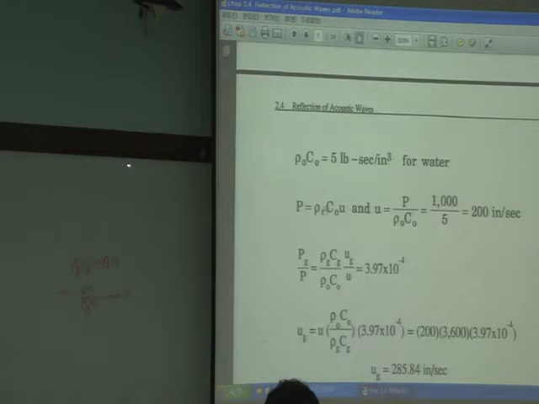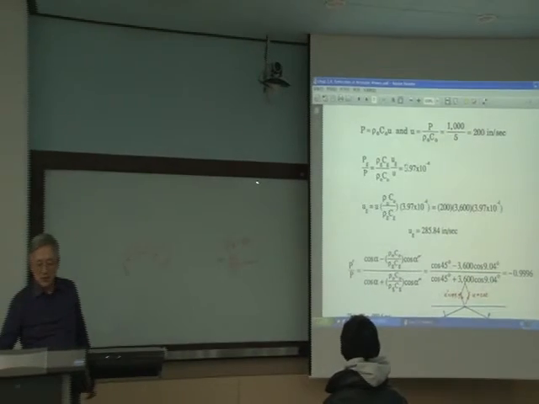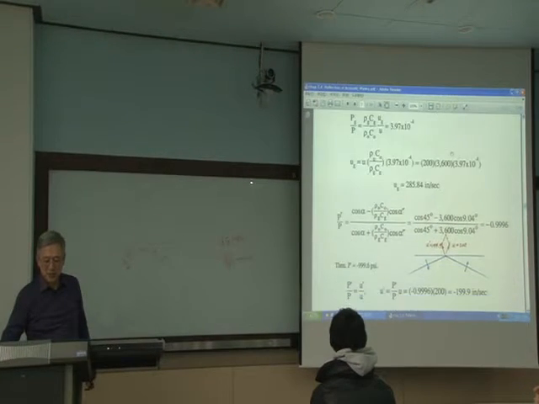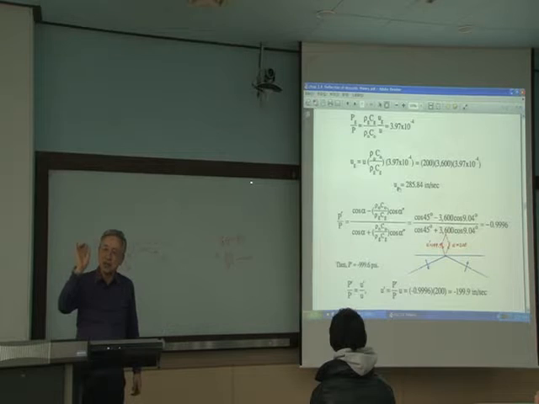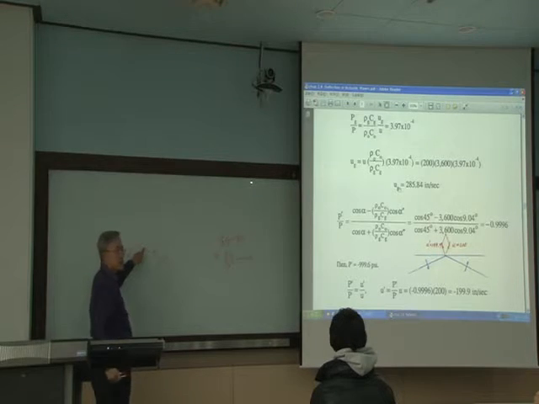And compute the rest of the quantities, UG. U is about 200 inch per second. UG is 285. UG is really, you can say, the air particle velocity right at that point here.